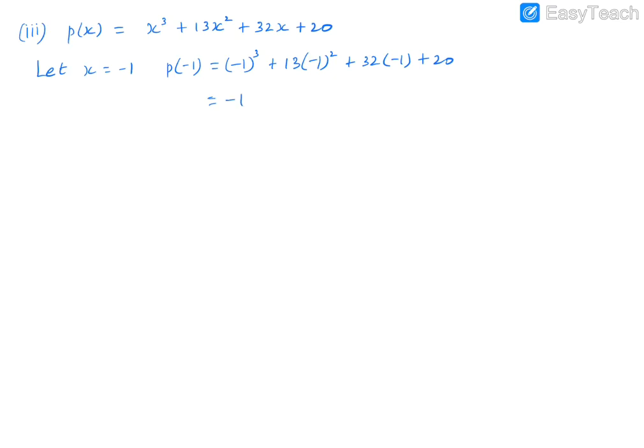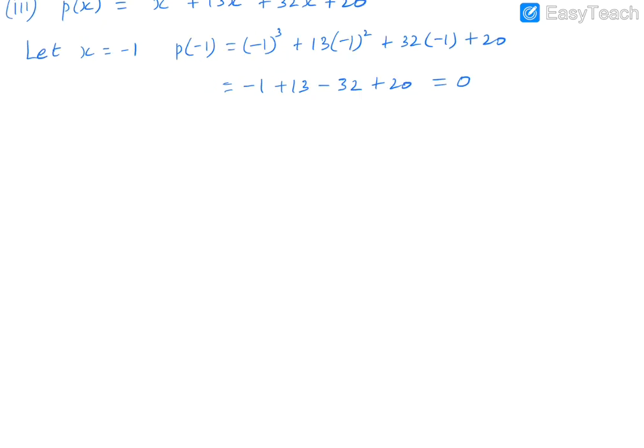Minus 1 power 3 is minus 1. 13 into minus 1 square will be plus 13, because minus 1 square is 1 and 13 into 1 is 13. 32 into minus 1 will give us minus 32 plus 20. So now what do we get for this? We have 20 and 13, so that's plus 33, and minus 1 and minus 32, that's minus 33. So minus 33 plus 33 equals 0.